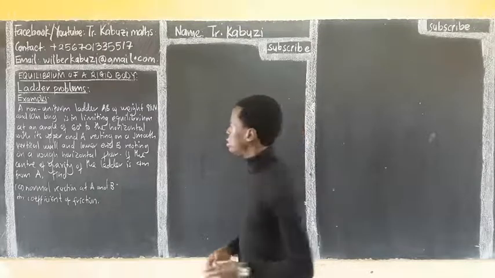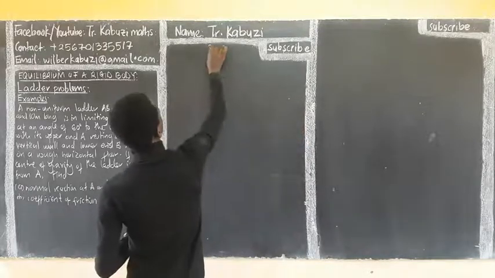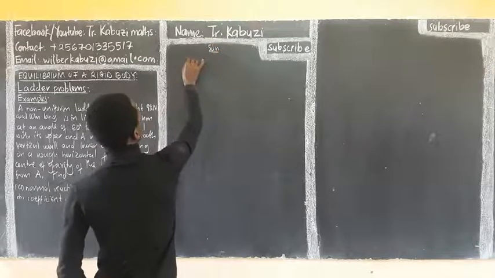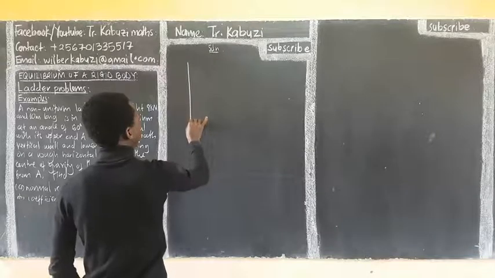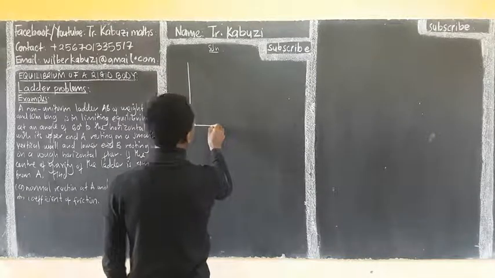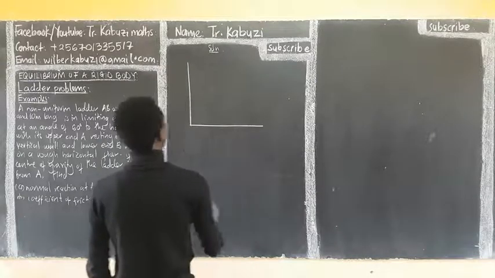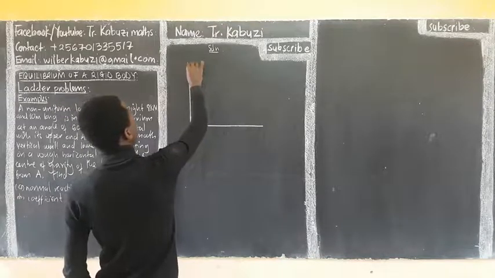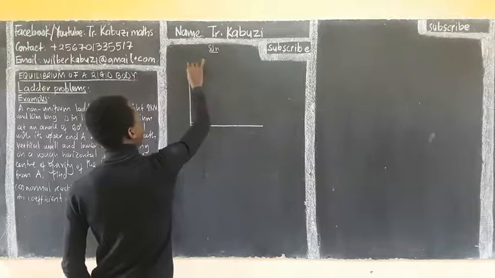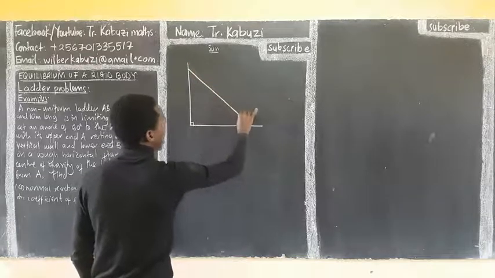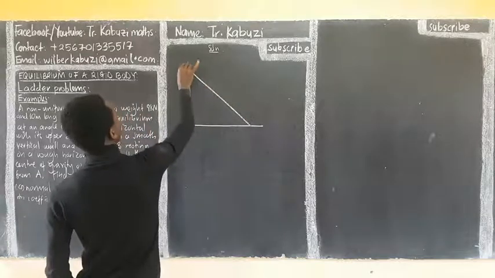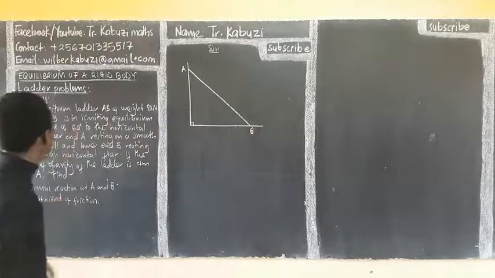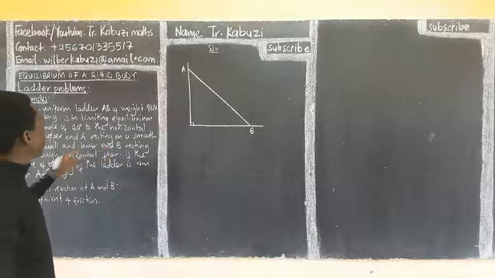So we start with a sketch. In our solution, this is going to be our sketch. So that's going to be the vertical and horizontal floor. This is going to be my ladder, A, B. This is A, this is going to be my B. Its upper end A is resting on a smooth wall.